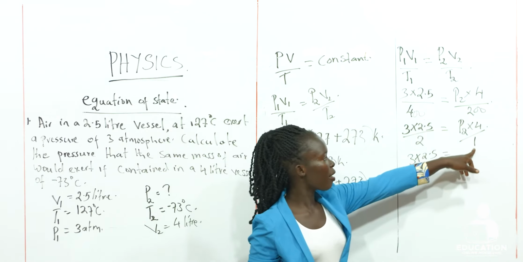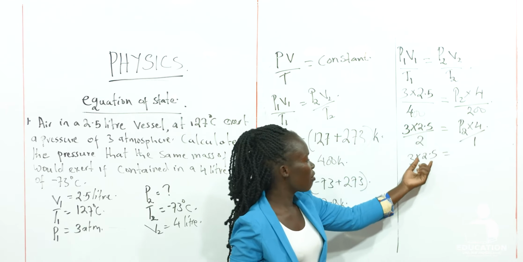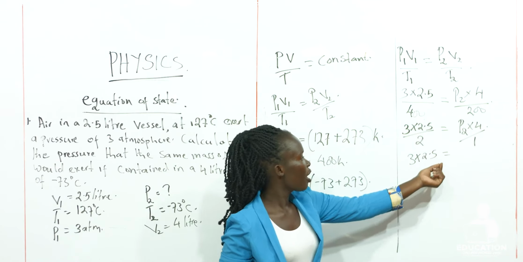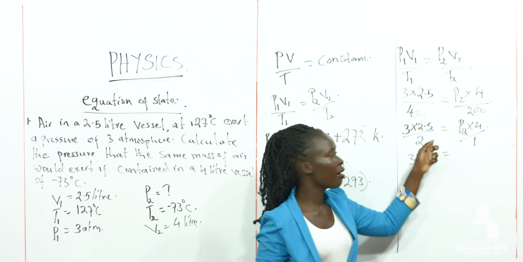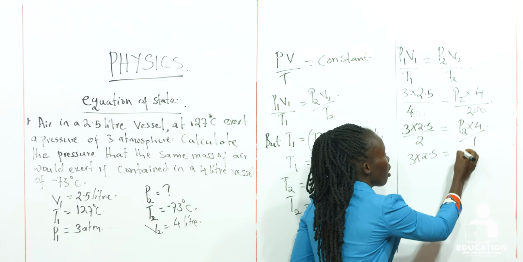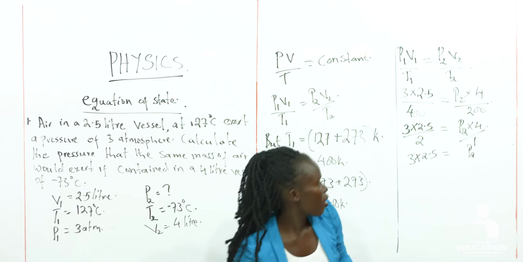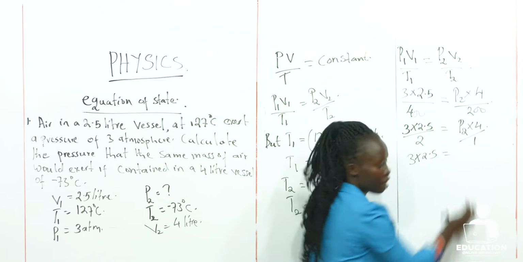This will multiply by 3 times 2.5, multiplying it by 1 will give us 3 times 2.5. Then we want to multiply this by 2, because here we shall first have our P, which has its coefficient as 4.